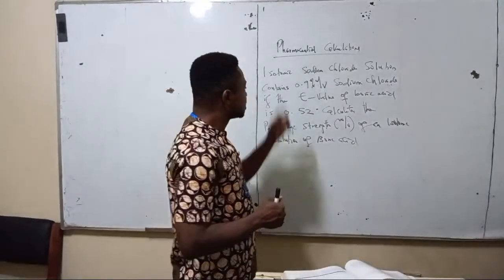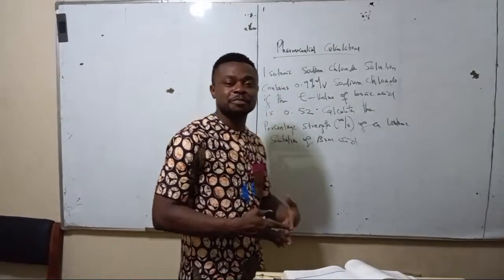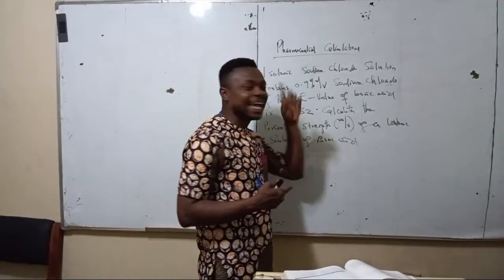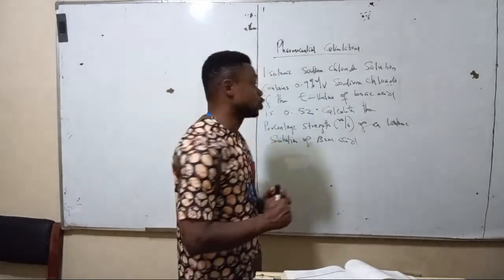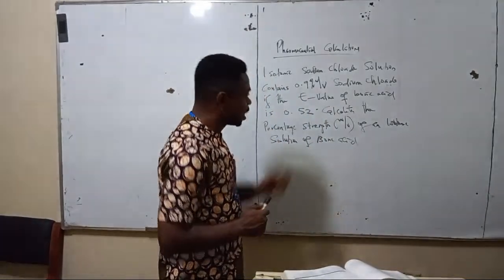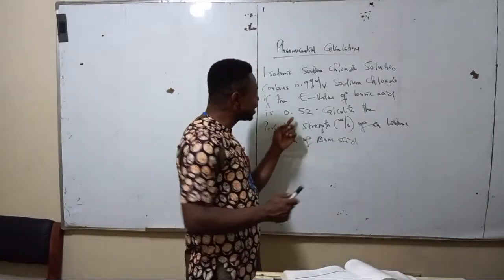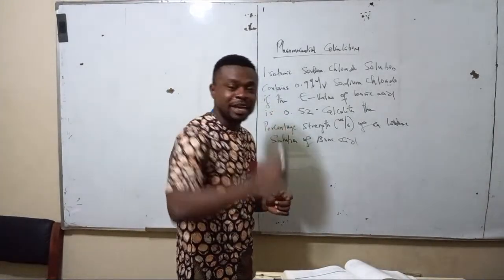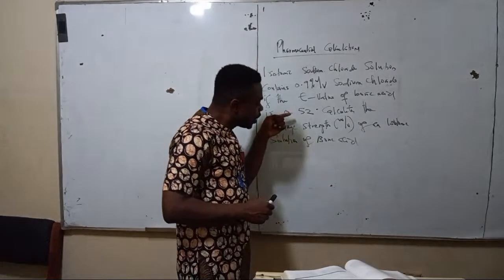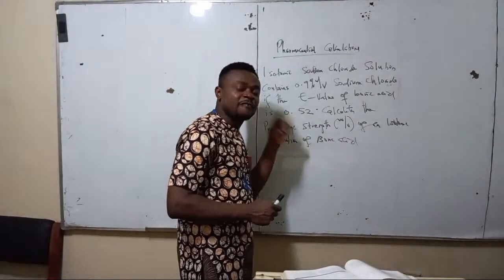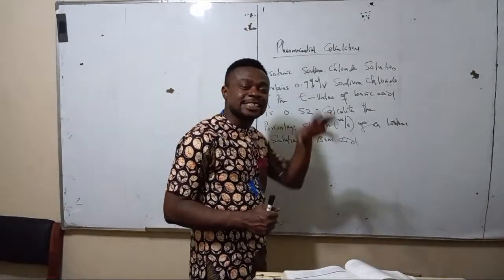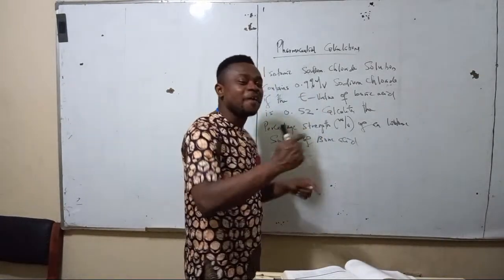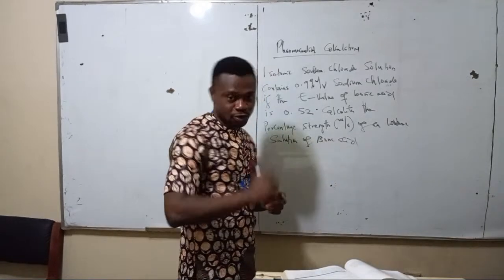Now, 0.9% weight in volume means 0.9 gram of sodium chloride in 100 ml solution. Now, the E value of boric acid is 0.52. What it means is that 1 gram of boric acid has the same tonicity as 0.52 gram of sodium chloride.